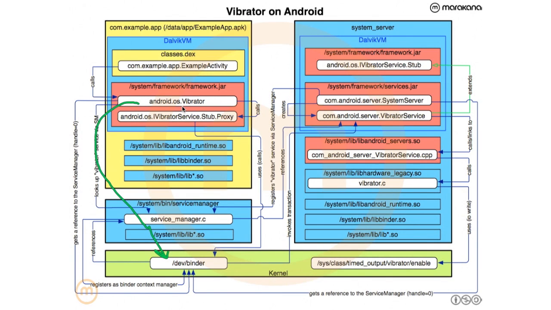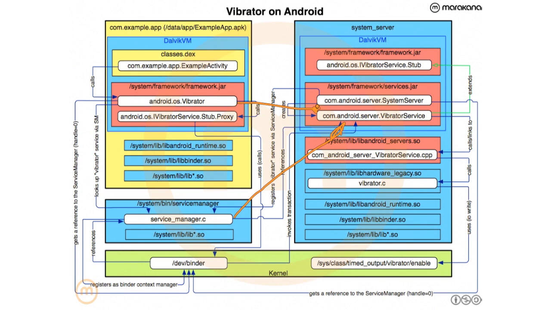Then the vibrator goes to the service manager and says, hey, service manager, I need the vibrate service or vibrator service. And essentially at that point the service manager gives it, remember how the service manager had this pseudo pointer? Well, that pointer is now delivered back to the vibrator, and now you can think of the vibrator as knowing where this vibrator service is. So the client discovers the service at runtime.